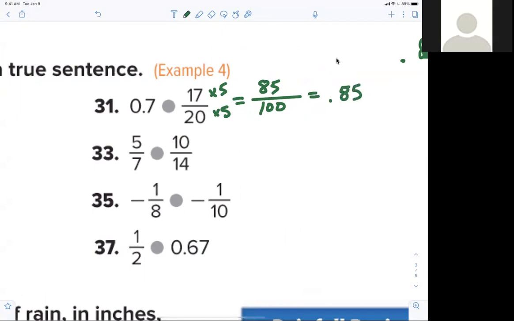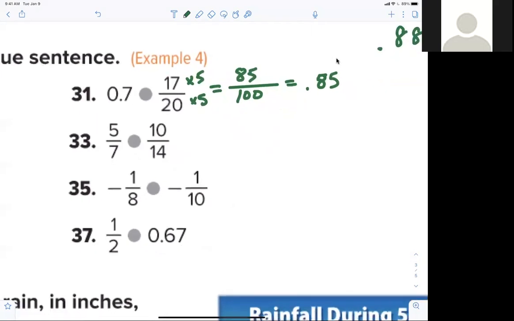Exactly. So now you're comparing 0.7 to 0.85. What do we notice? What are you thinking? I don't know, but okay, so let's listen. I'm glad you said that, Aiden. So we're looking at 0.7 and comparing it to 0.85.